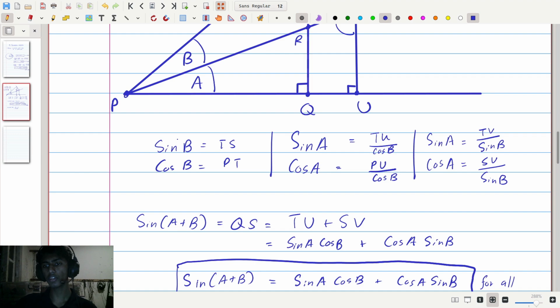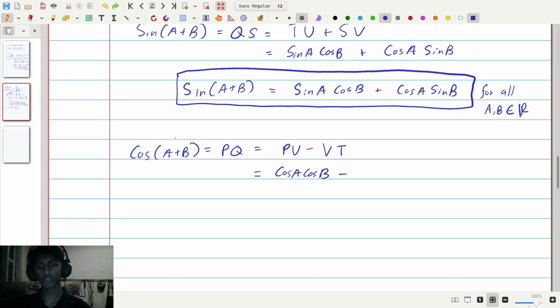Well, in this case we have that TV is equal to sine of A times sine of B, by multiplying both sides by sine B in this equation. So then we have cosine of A times cosine of B minus sine of A times sine of B.